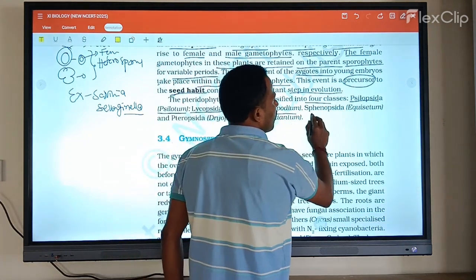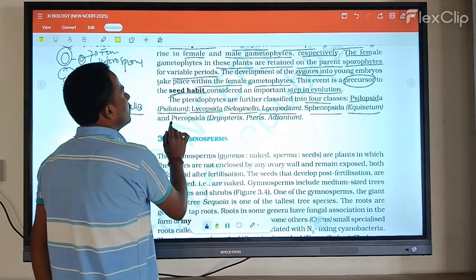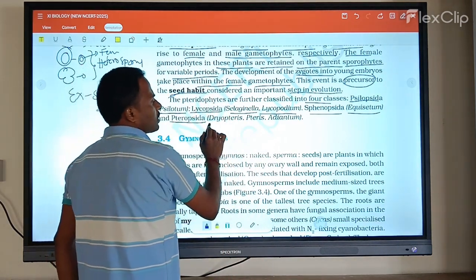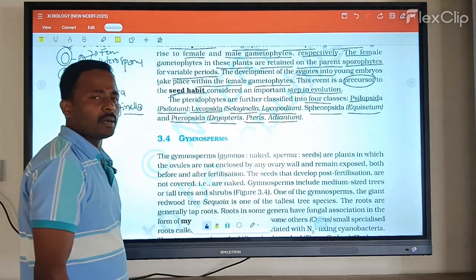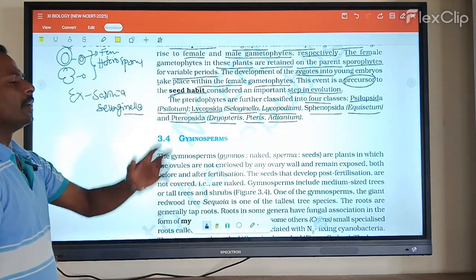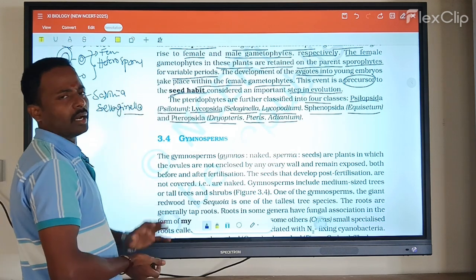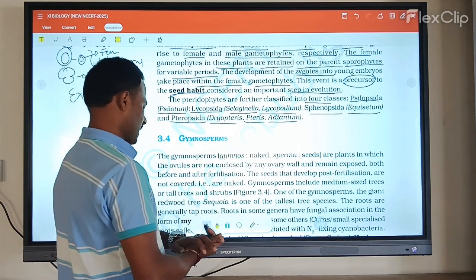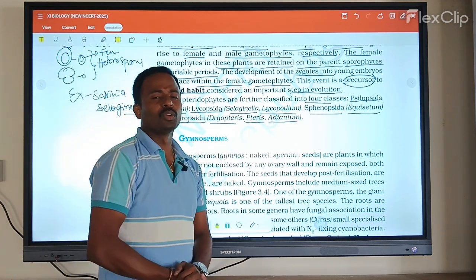The third is Sphenopsida, example Equisetum. And Pteropsida, examples Dryopteris, Pteris and Adiantum. These are the best examples of pteridophytes. There are four classes of pteridophyta, and we will continue in the next class.